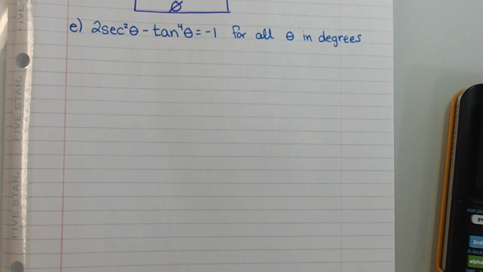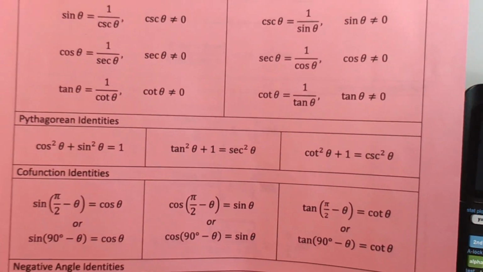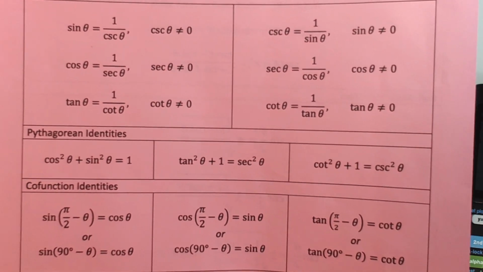Is there some other connection between secant and tangent? Especially to powers? Yeah. Secant squared, for example? Pythagorean identity? Secant squared is tangent squared plus 1?